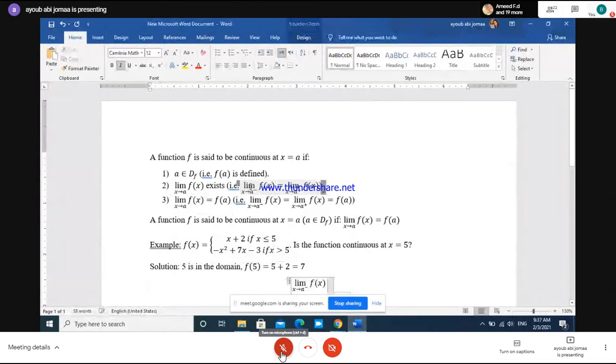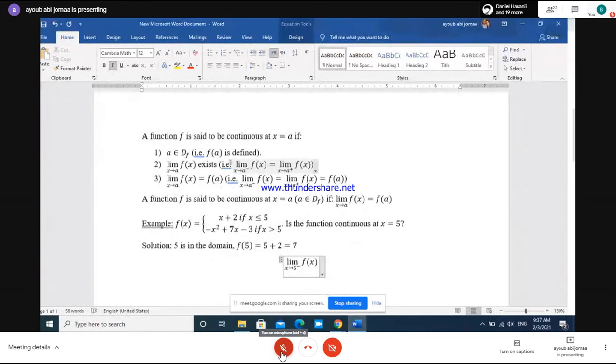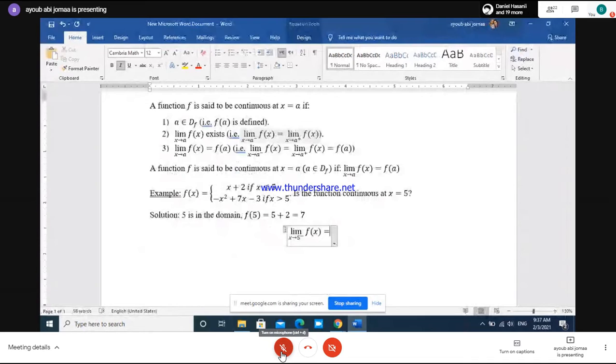Limit as x approaches 5 minus is equal to limit as x approaches 5 minus of what? When I say 5 minus, no, we need to put minus and plus. We don't put only 5 minus just because I chose less than or equal.